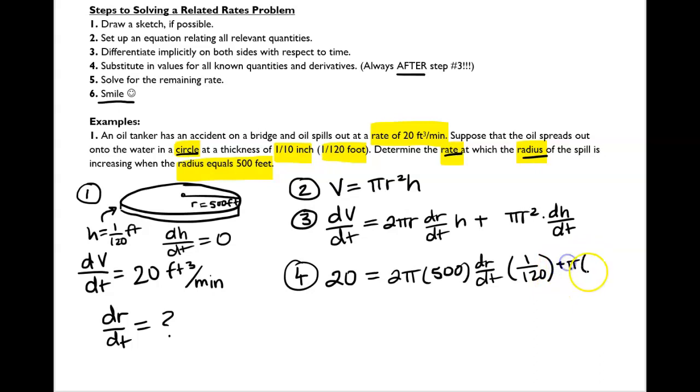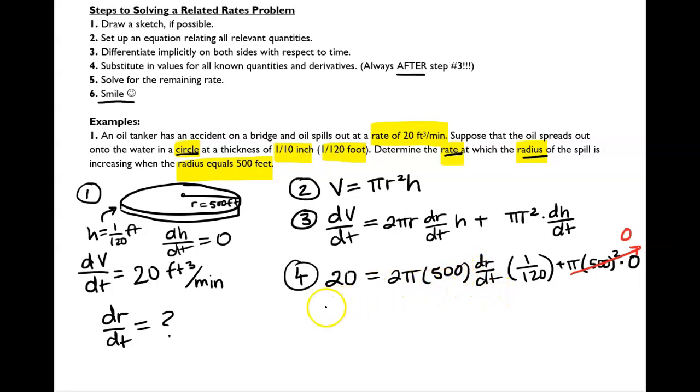Plus pi times 500 squared times 0 for dh/dt. And now what's nice about multiplying by 0 is that whole second part is just going to cancel out. That's all just equal to 0. So what I really have is just 20 equals 2 pi times 500 times 1/120 times dr/dt.